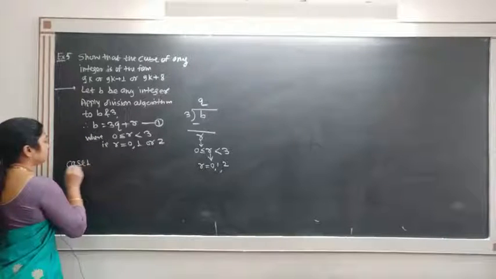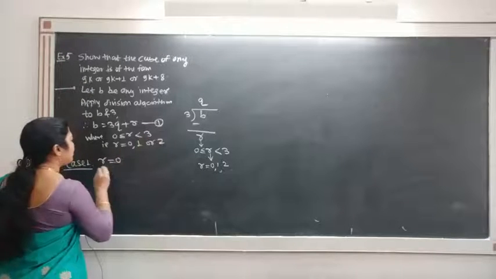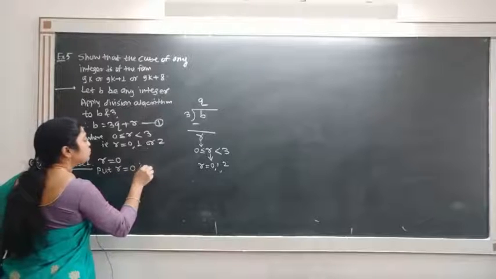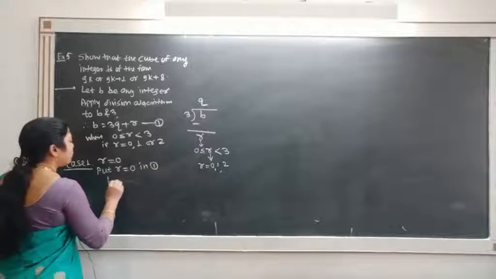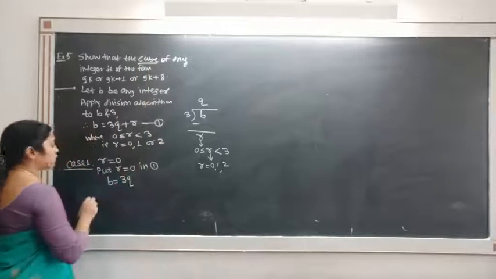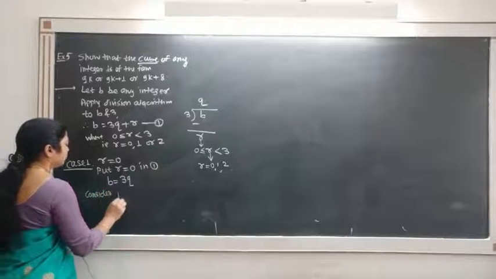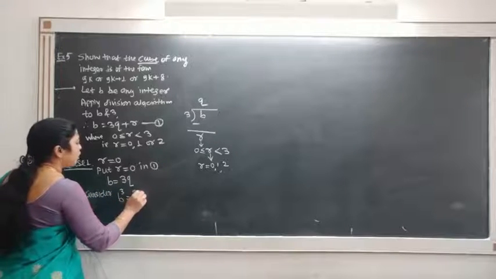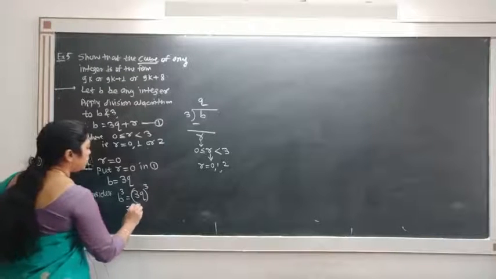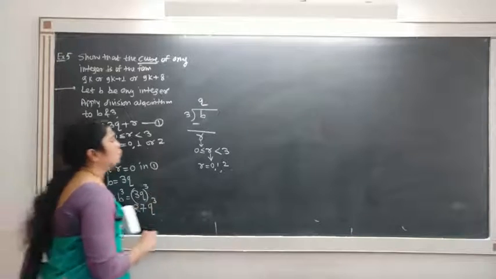Consider case 1. Take r is equal to 0. If you put r is equal to 0 in equation 1, we get b is equal to 3q. Now we want the cube of the integer, so consider b cube. It is nothing but 3q cube, that is 27 q cube.